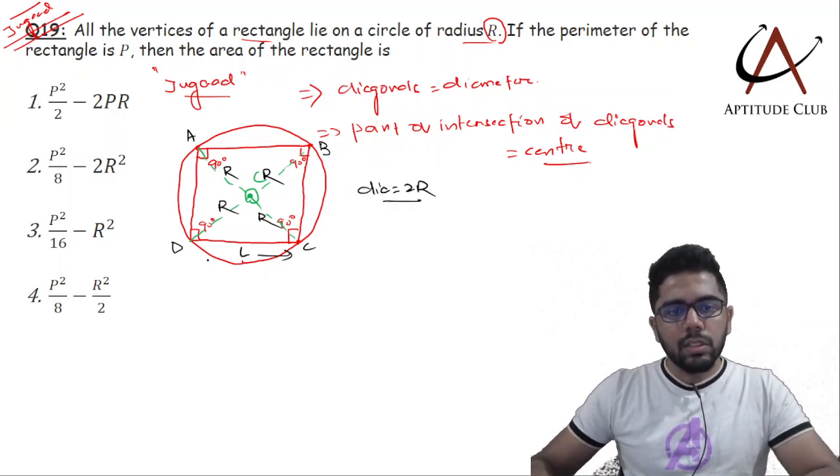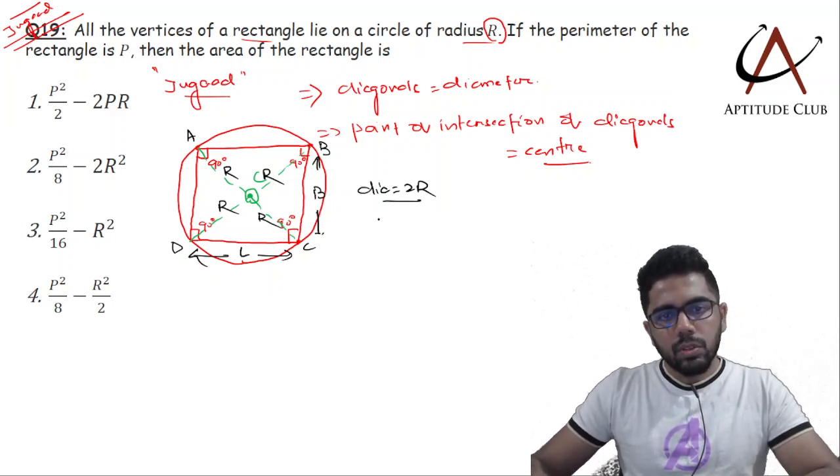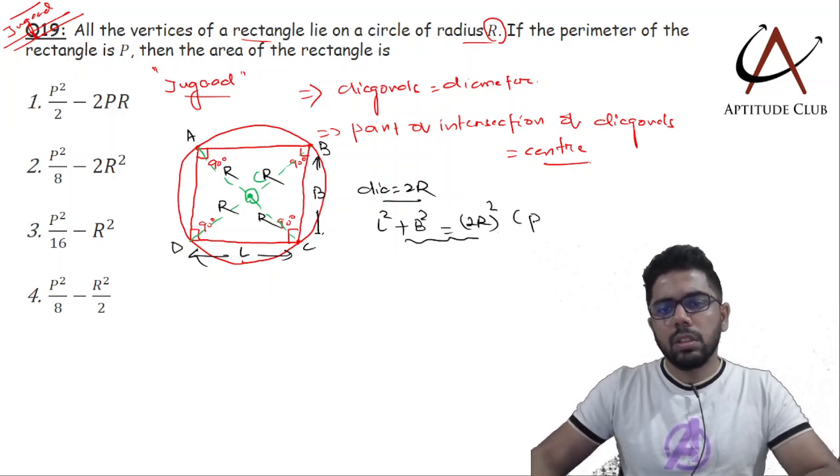Let us say L is the length of the rectangle and B is the breadth of the rectangle. So I can write L square plus B square is equal to 2r का whole square, Pythagoras theorem में.